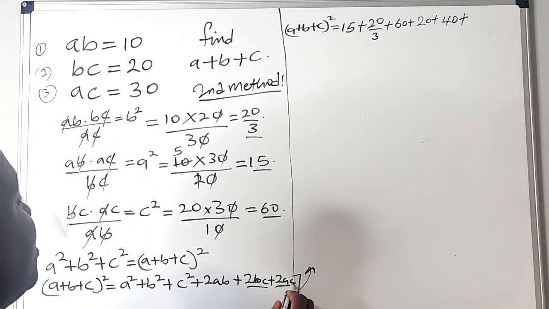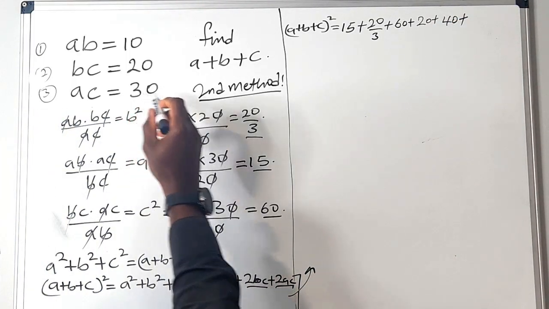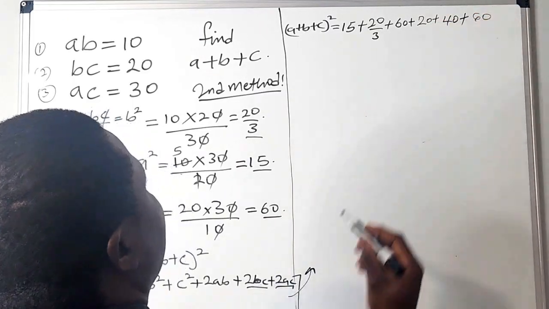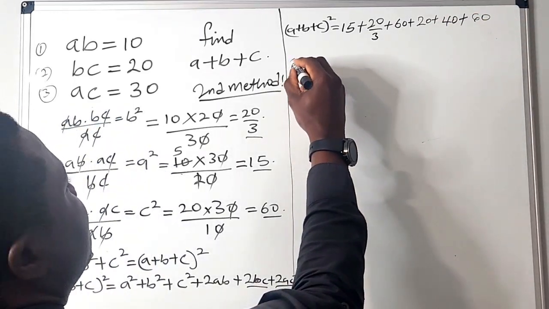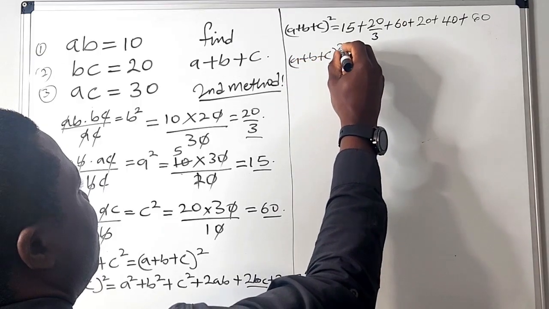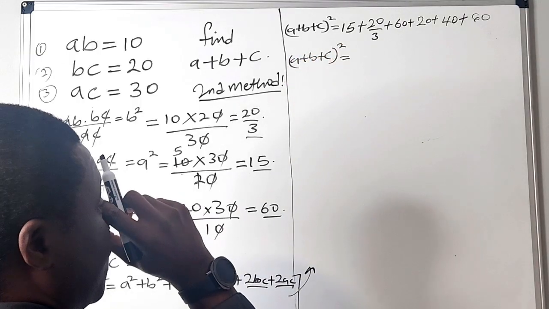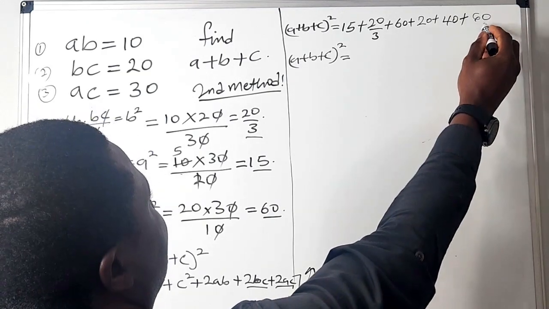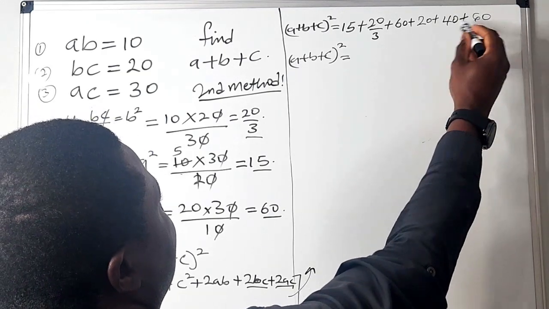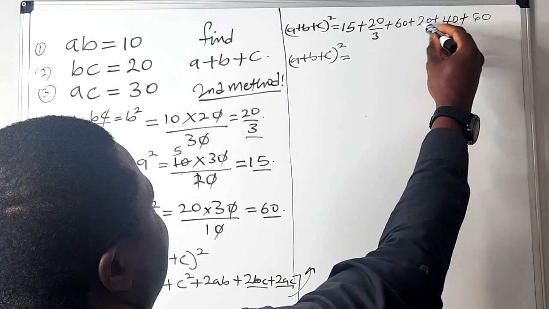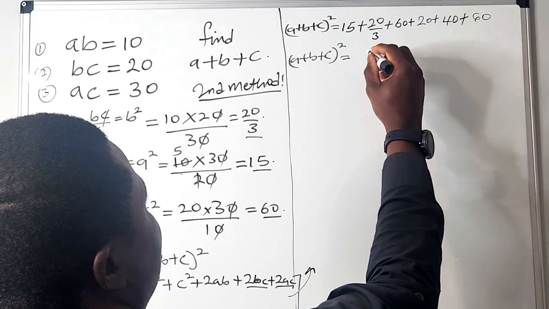Then 2AC, 2 times 30, that's 60 again. So A plus B plus C squared is equal to 60 plus 60. That's already 120. 120 plus 60, that's 180.